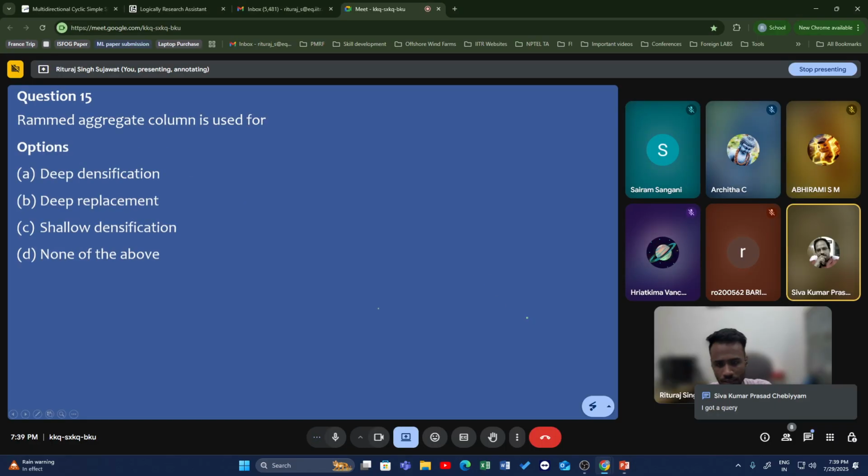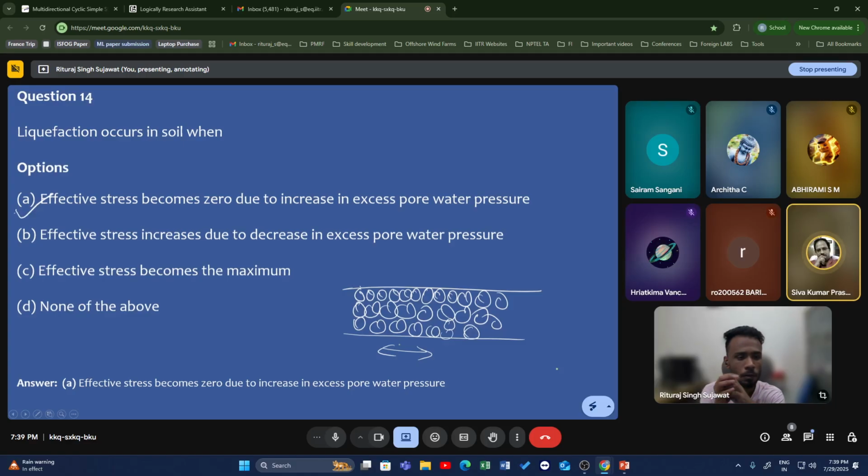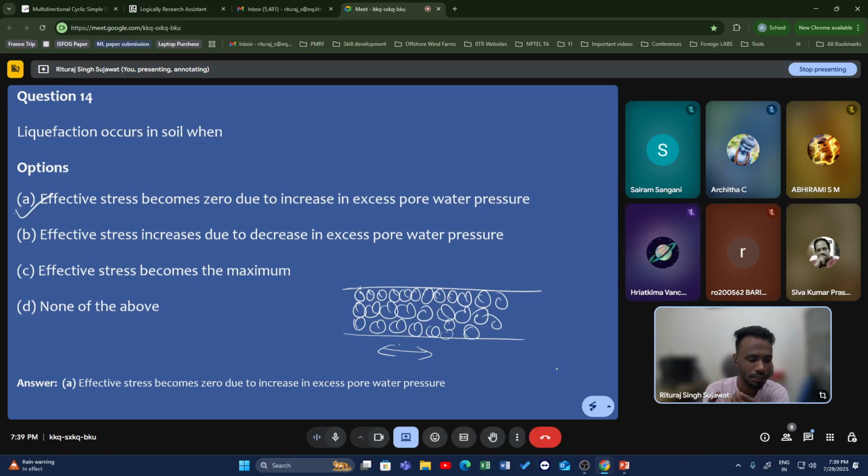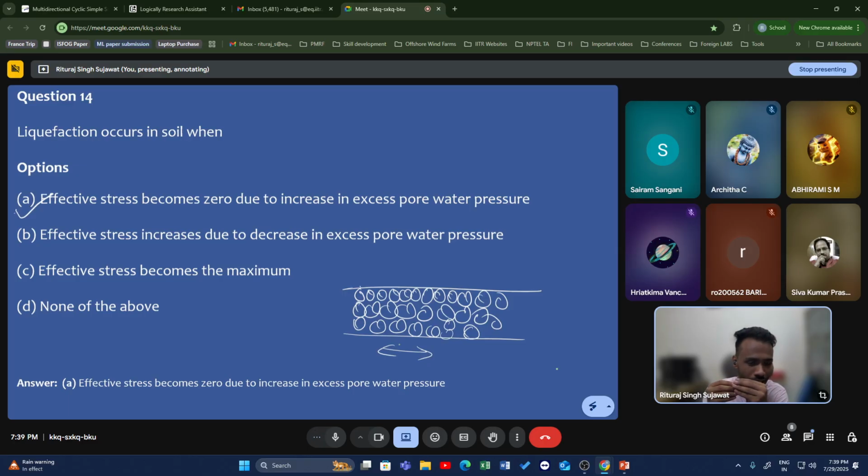Yeah, Shiva, please. Is this phenomenon happening for a particular type of soil? Usually it's highly observed in cohesionless soil, because cohesionless soils have the capability to rearrange when they are subject to vibration. In cohesive soil, they won't be able to mobilize that much, but cohesionless soil particles are capable of larger movement compared to other soils.